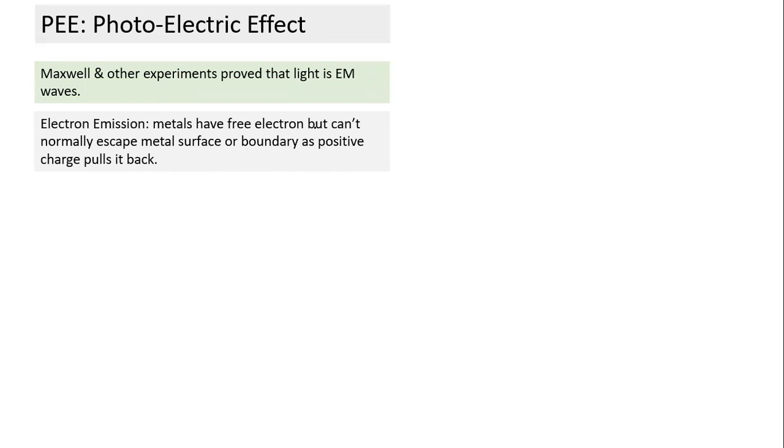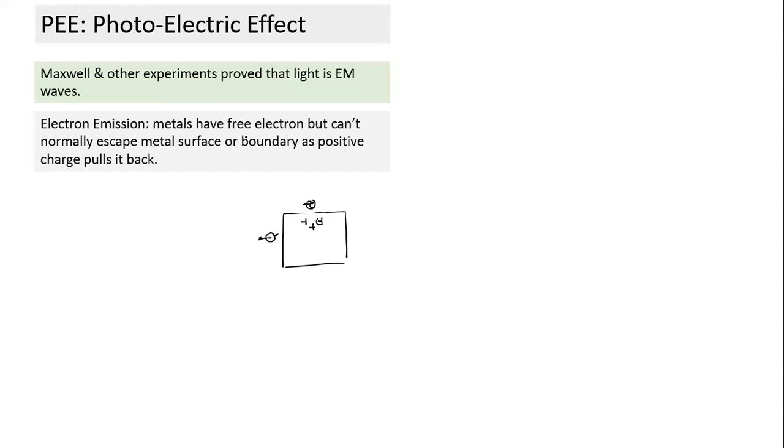But it normally can't escape the metal boundary or surface. Just think of it: if I have a metal of whatever shape, and an electron tries to escape near the boundary, since overall the metal is neutral, the rest of the atoms become ions and develop a positive charge, which will try to pull the electron back.